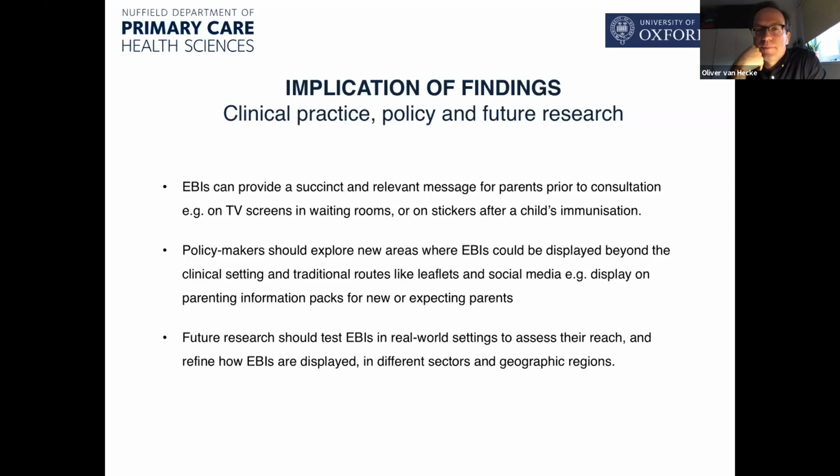Yeah, the focus really is preschool children, so under the age of 5. We know that most antibiotics have no benefit for this group, particularly with the common respiratory tract infections. So that was the target. And for the survey, we specified that parents had to have at least one child under the age of 5.